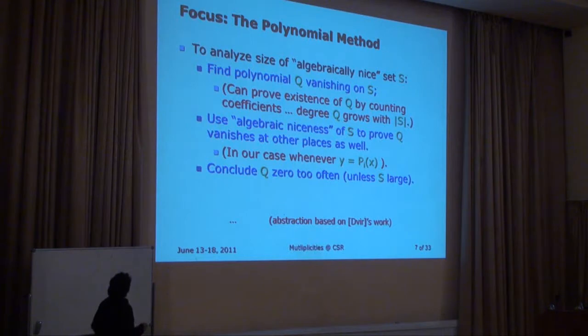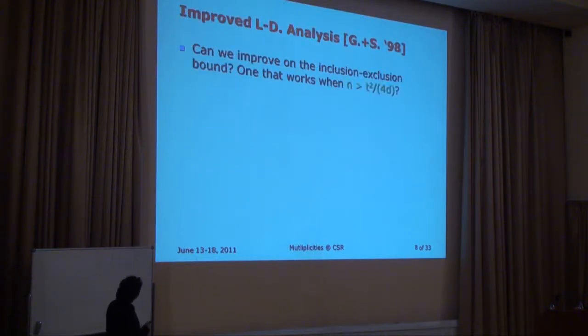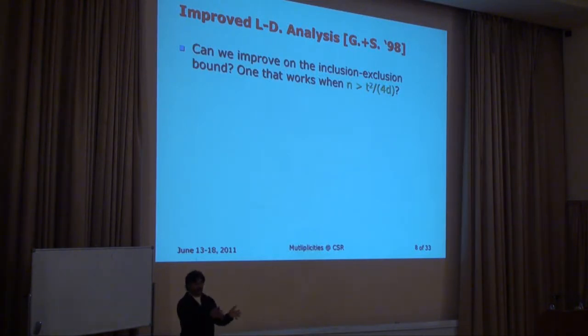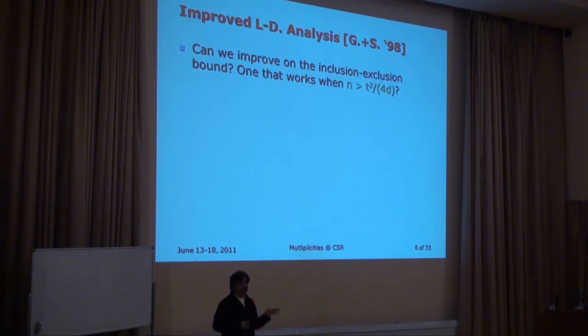One underlying theme at the time of this work was that the union bound, the bound that we proved, that if you take all of these sets and take their union, it should be large, was something that we could have proved easily by an inclusion-exclusion argument. Each one of these sets has size t.